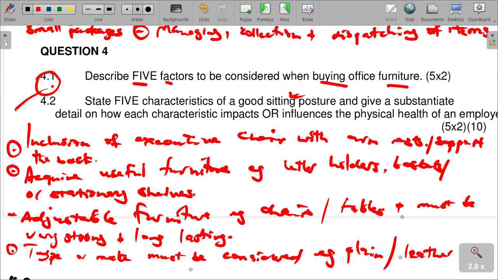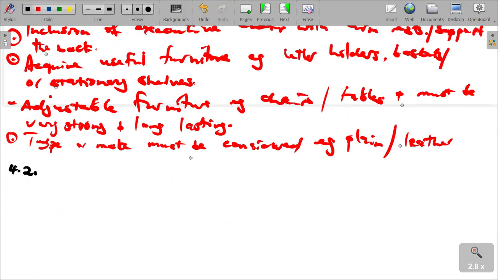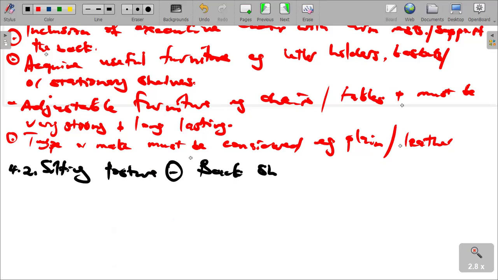1, the back should bend slightly forward.